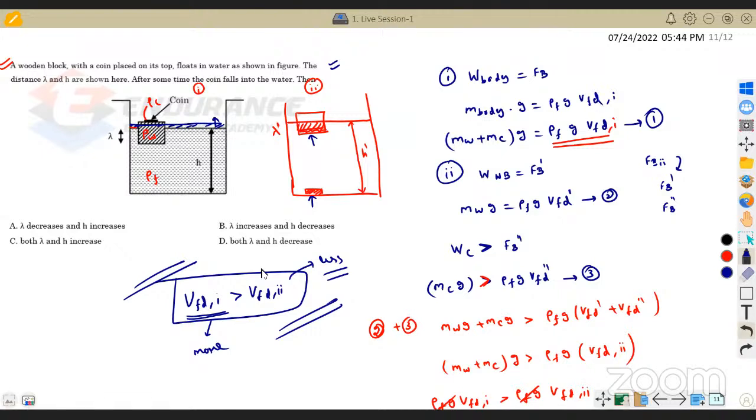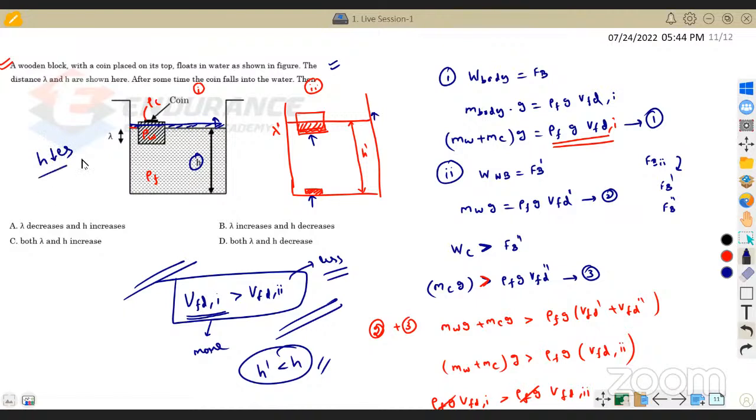Because in the second case, the volume which is getting displaced is lesser than that of the first case. So obviously this H dash value will be less than the H value. So H is decreasing.